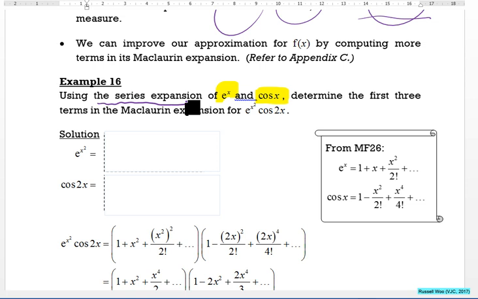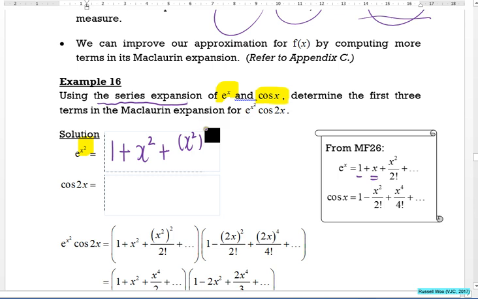Now what is e^(x squared)? e^x is 1 plus x plus x squared over 2 factorial. What about e^(x squared)? You just replace x with x squared. So you get 1 plus x squared, not x, plus (x squared) squared over 2 factorial, plus dot dot dot.